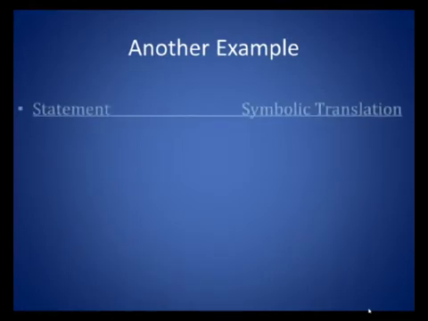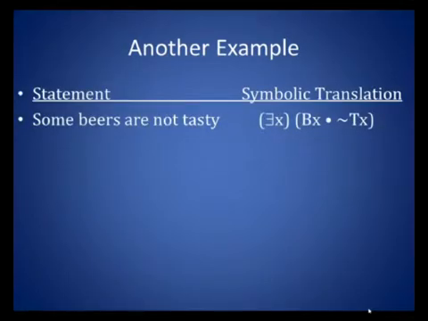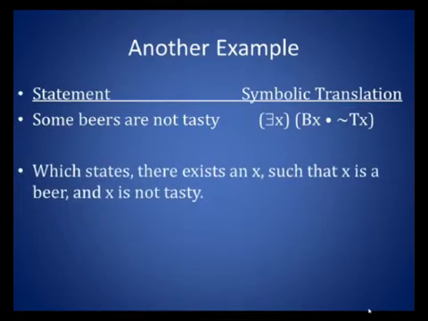Another example. Some beers are not tasty. Now, I probably disagree with this statement, but nonetheless, it'll be good for you to learn how to translate it. So some beers are not tasty. That means there exists an x such that x is a beer and x is not tasty. In other words, there's at least one beer that exists in the universe that's not tasty.